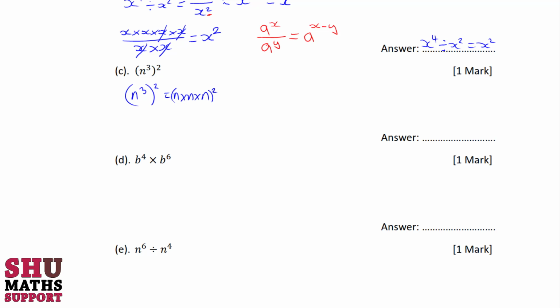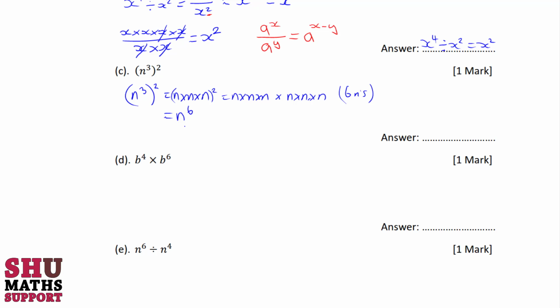And then again, if we simplify that, we're going to have one lot of n times n times n, times by a second lot of n times n times n. So in total here we have 6 lots of n's, which means we have n to the power of 6, as we're timesing n by another n 6 times.